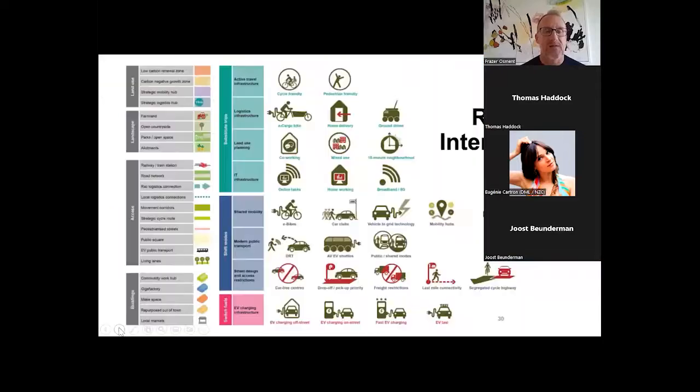If you go to the next slide. And what we did in that work was very interesting. We effectively developed a model which built on the Department for Transport's decarbonisation tool. And we modelled the impact of various different measures that could be taken to decarbonise transport. And we looked at those with respect to the best available data that we could get hold of at the time.